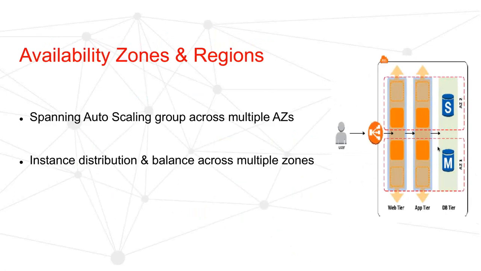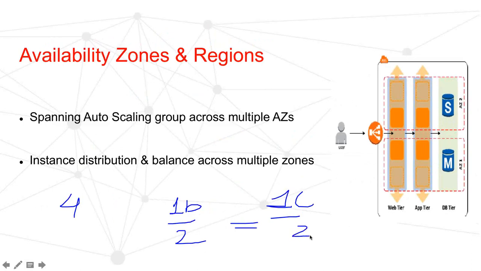Instance distribution and balance across multiple zones. Now, this is also a very important concept to understand. The default behavior of auto scaling is that it always tries to ensure that all the availability zones have an equal number of instances. For example, if you have availability zone 1B and 1C, and you have a capacity of 4, it will always try to launch 2 instances in 1B and 2 in 1C.